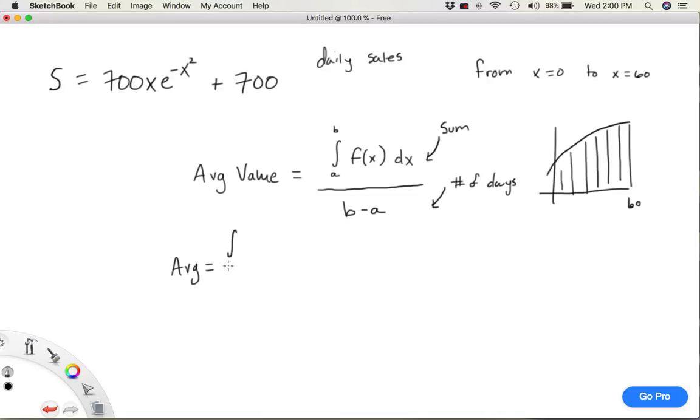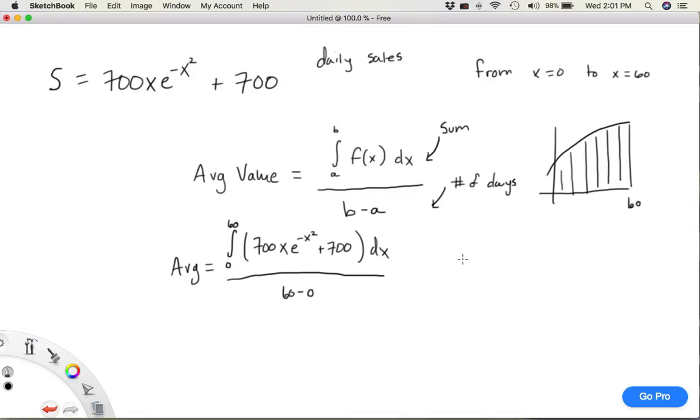And this is going to be the integral from 0 to 60 of our sales function, 700x e to the negative x squared plus 700, over 60 minus 0.